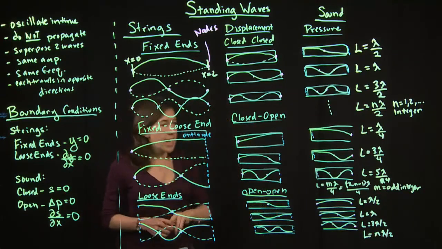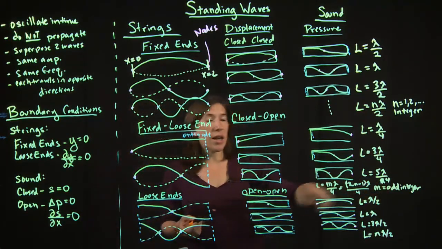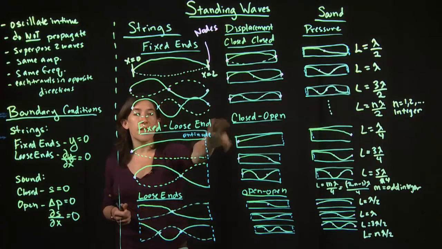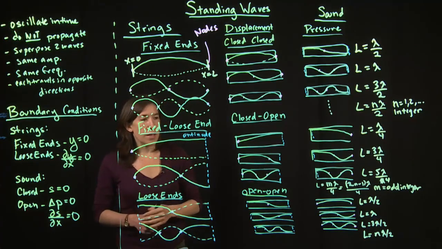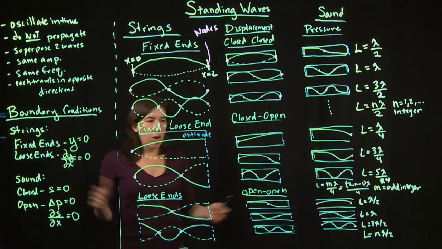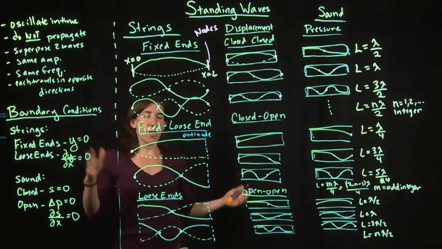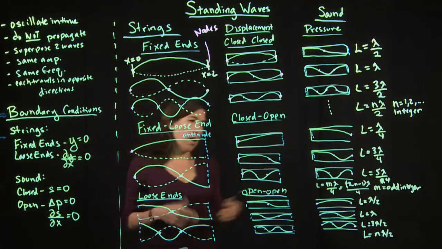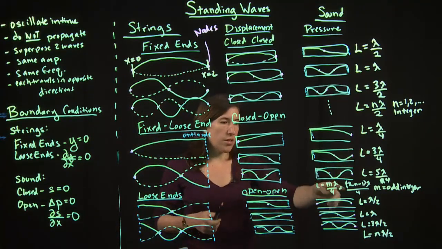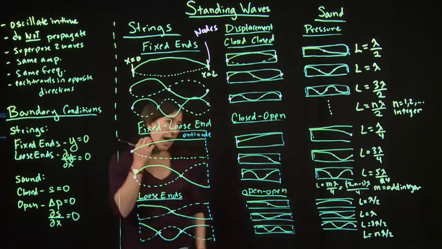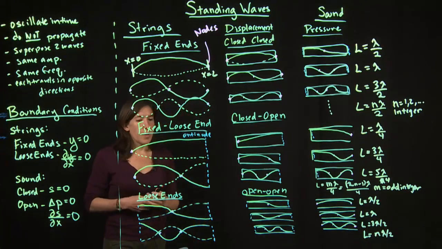Some people will say, because you have only odd integers in the case of these mixed boundary conditions, that only the odd harmonics are allowed, so the second and fourth, all the even harmonics vanish. Or you could write it this way, and then any n is allowed, so it depends on which way you write it.